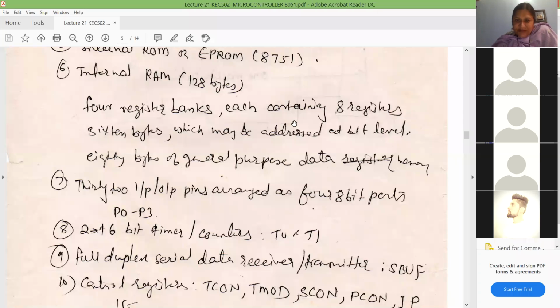Bit addressable means each byte is containing 8 bits, so these 8 bits can be addressed as a single bit. Each bit will have an address. So how many bits can be addressed? If you have 16 bytes as a bit addressable area, then how many bits are there which can be addressed?